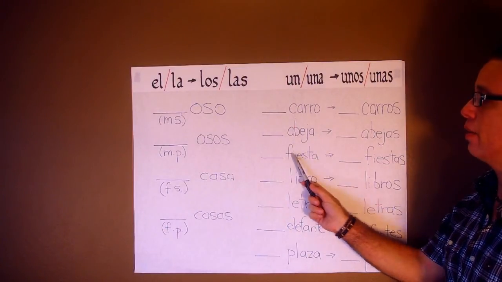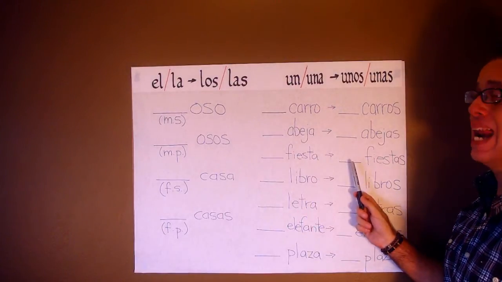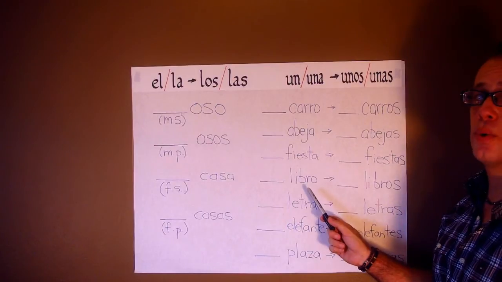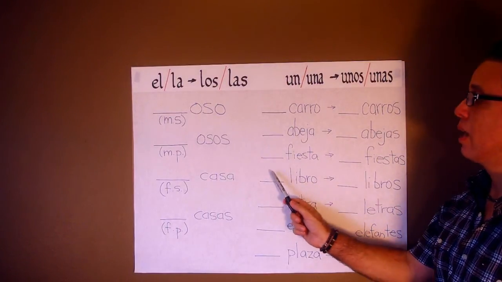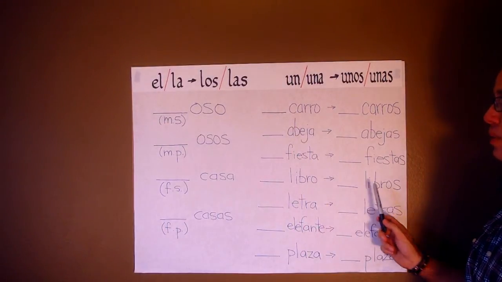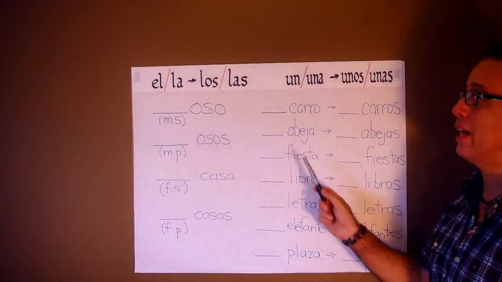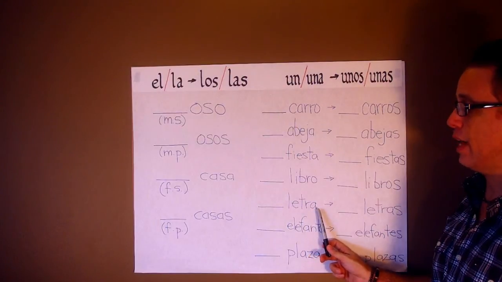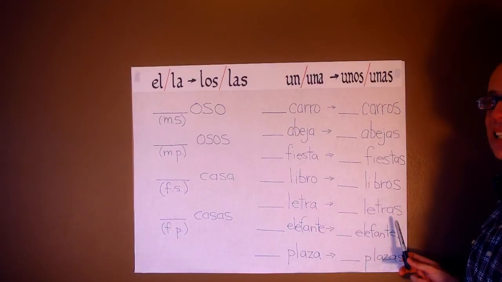This is a singular feminine noun. La fiesta, las fiestas. Libro, you already saw this word. Libro, book, masculine noun. El libro, los libros. Letra, this word means letter, like letters A, B, C. Letter, feminine singular noun. La letra, las letras.